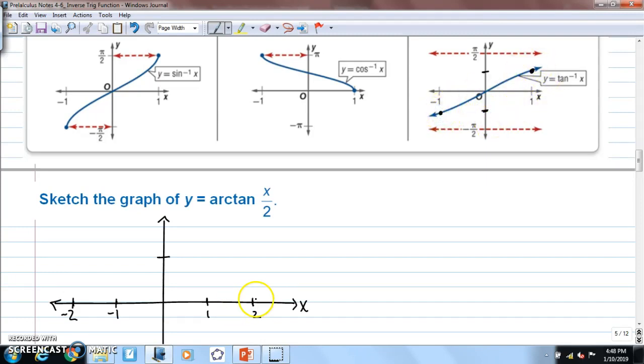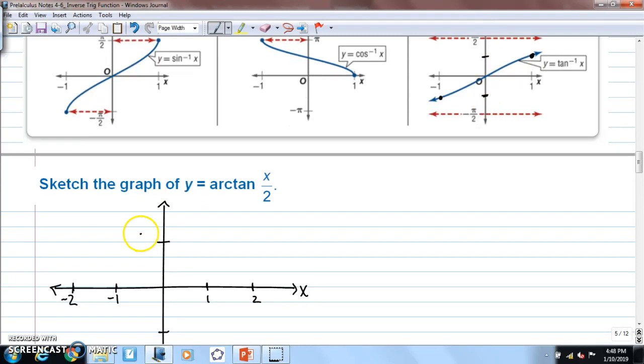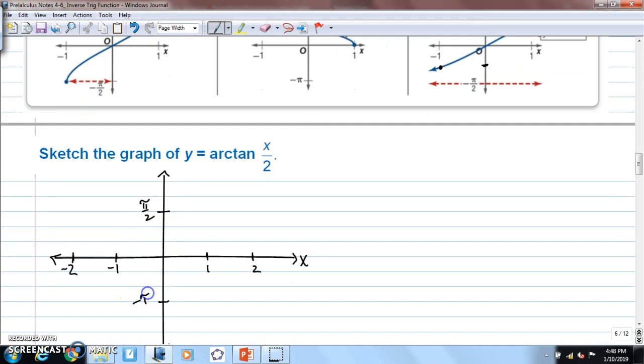Well, these x values now are going to go out to 2 because our x values are getting multiplied by 2. Okay, so inverse tangent goes between negative pi over 2 and pi over 2, so these are still going to be that. Okay, that didn't change. Didn't have anything in front of it. But our x values there changed from 1 to 2. So we have this point at 0, 0, and then instead of having the 45, 1, we have 45, 2.